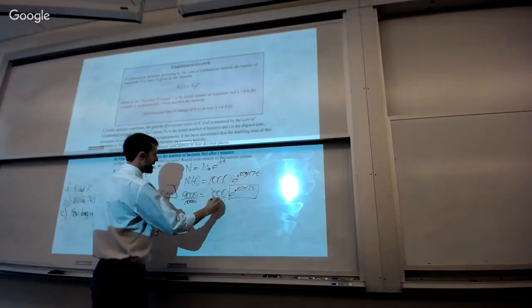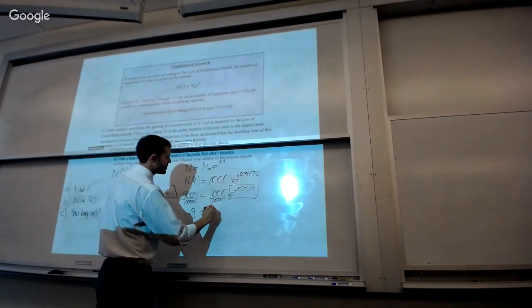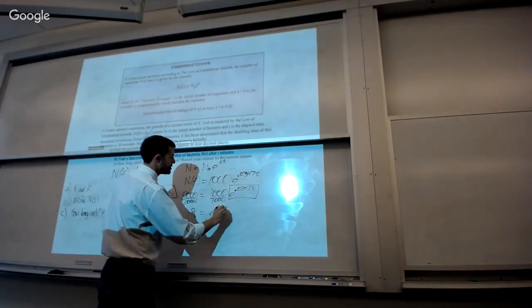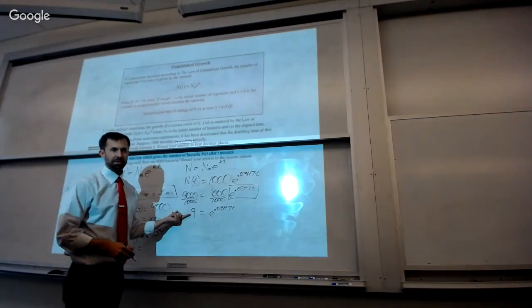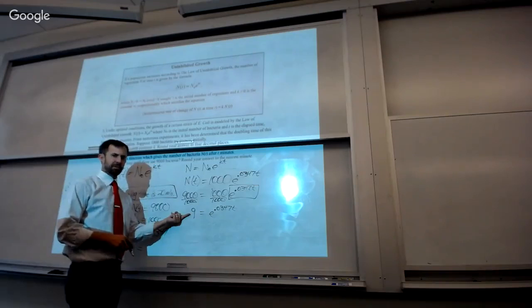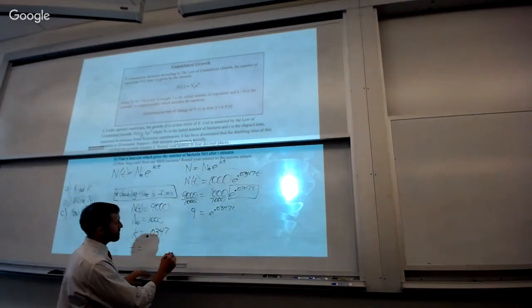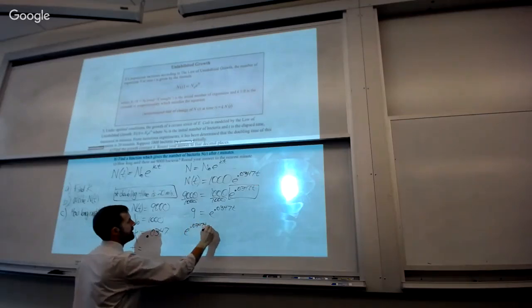And then this time what we have is 9,000 divided by 1,000 is 9. So what does that mean we're looking for in our population? We're looking to non-nuple the population, not double, triple, quadruple, quintuple, sextuple, septuple, octuple, but non-nuple. I don't know how to pronounce it. Anyway, we have e to the 0.0347t equals 9.